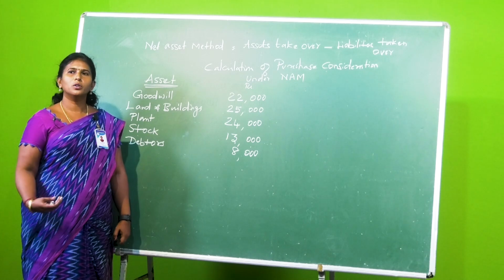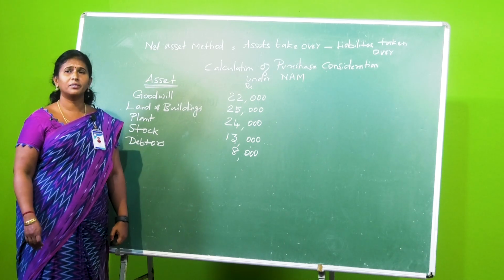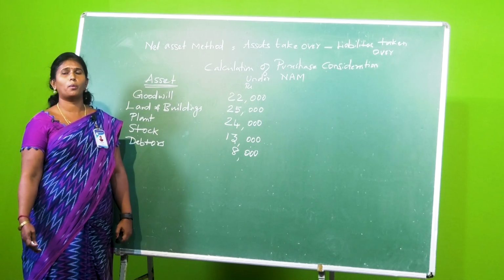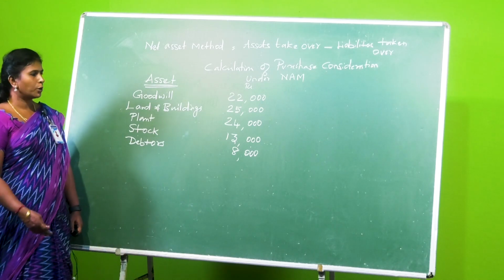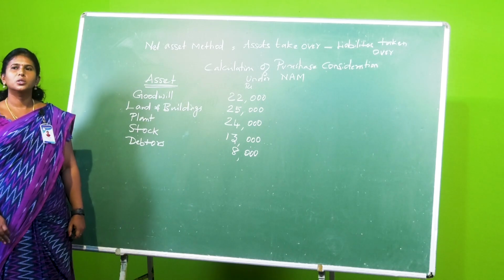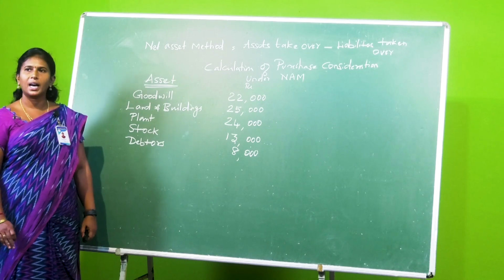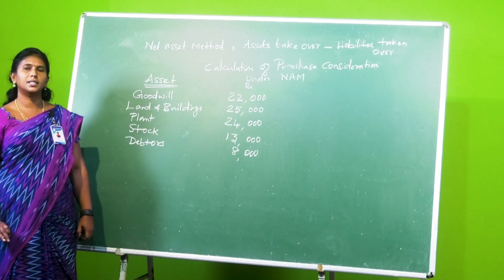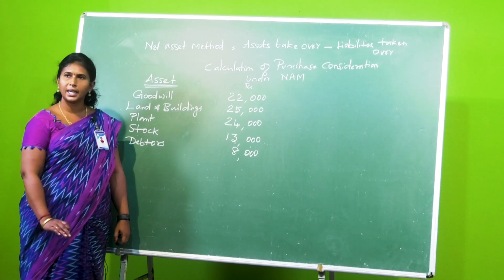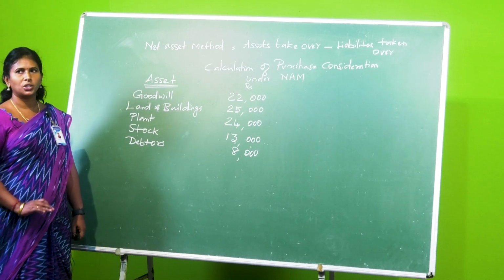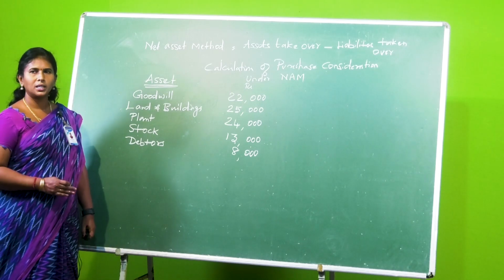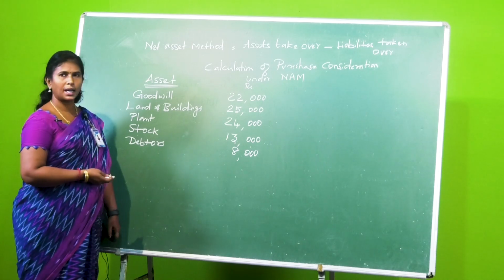Okay. But when it is specifically given in the problem that the cash is not taken over, that's why we have to leave the cash. In this particular problem, we have the specific sentence that cash is not taken over. That's the reason we are not considering cash here. So we have to leave the cash and take the rest of the assets.